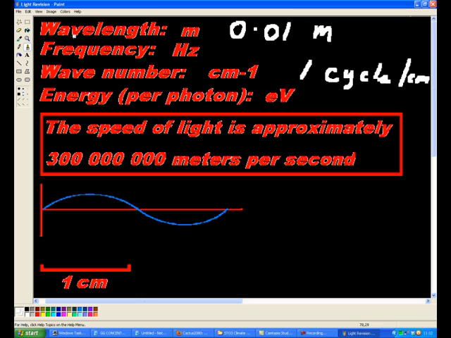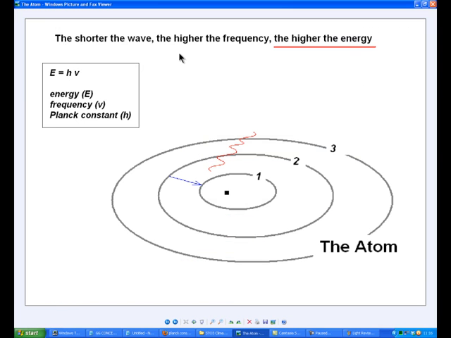So from the wavelength we can calculate the frequency. If we have the wavelength or the frequency, we can calculate the wave number. But can you also remember that I said if we know the frequency, we can calculate the energy. So let's have a quick look at that now. You can probably remember that I explained that the higher the frequency, the higher the energy.